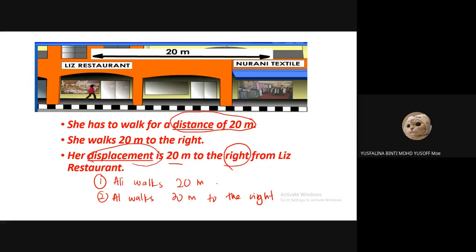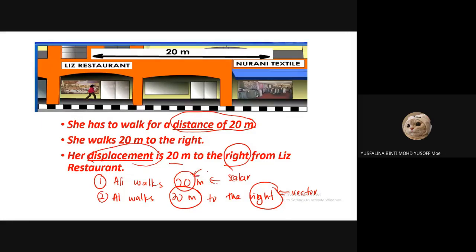So what is the difference here? This one they got only the magnitude, and this one they got the magnitude and also direction. So the first statement we call a scalar, and this one we call a vector. You remember, right? We learned in chapter 1: only magnitude we call scalar, magnitude and direction we call vector.